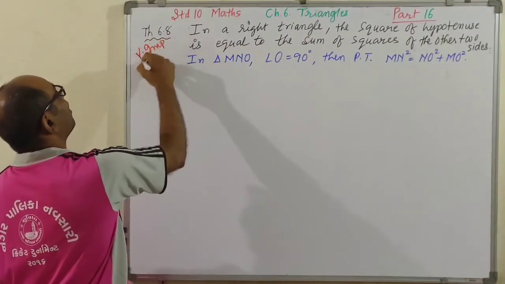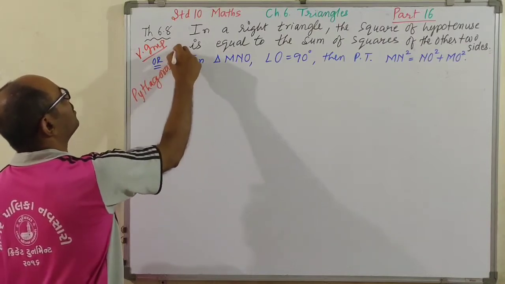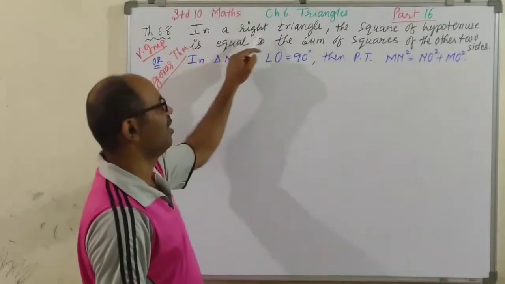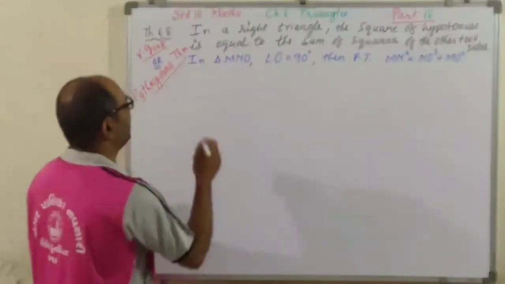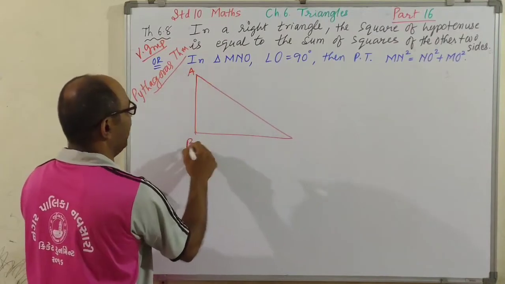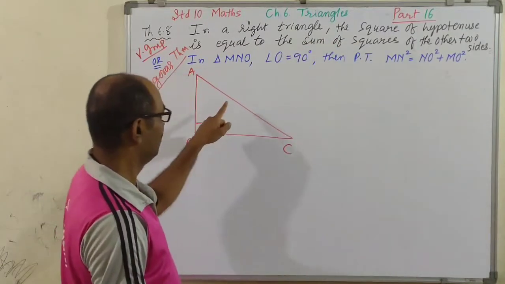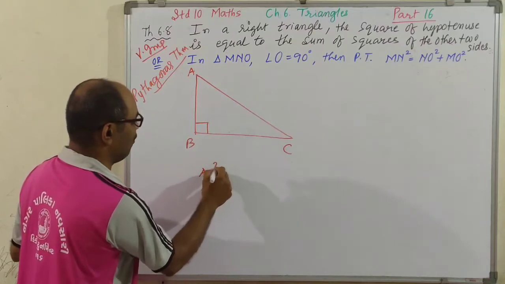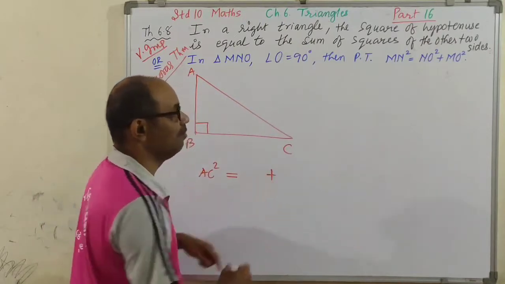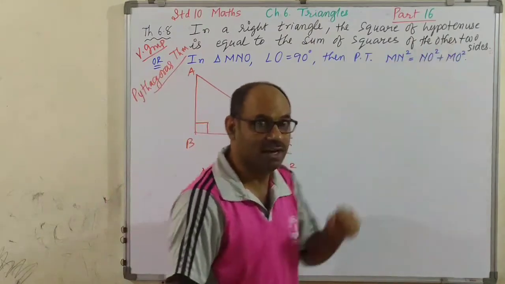Children, theorem 6.8, it is also called Pythagoras theorem. And what is the statement? In a right triangle, so you have a right triangle, let's say ABC, the square of hypotenuse, this is hypotenuse, is equal to the sum of squares of the other two sides.